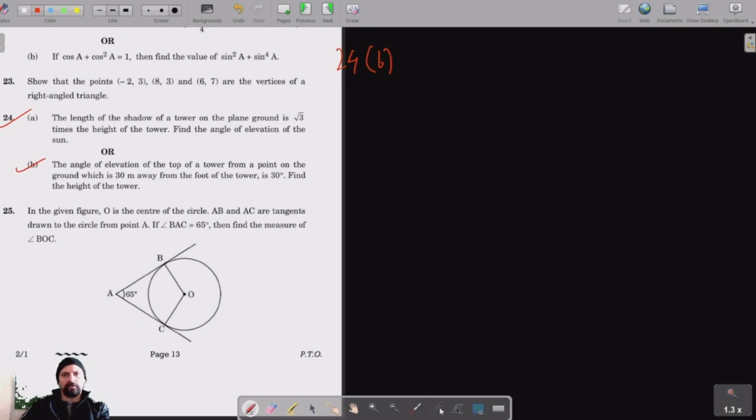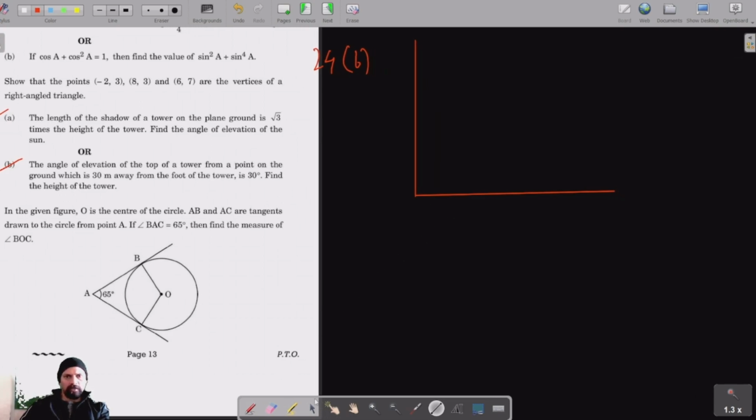Part B, let's say this is the height of the tower, and there's a point on the ground which is 30 meters away from the foot of the tower, and the angle of elevation is 30 degrees. So this angle of elevation is 30 degrees.